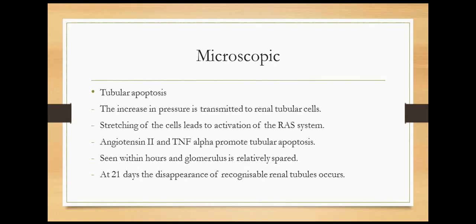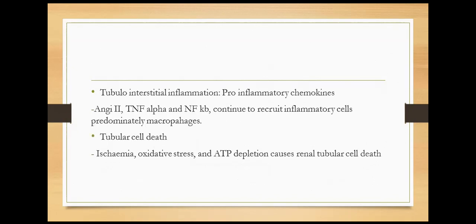In the 21 days, when we follow this through, we certainly recognize that disappearance of renal tubules occurs. So one then uses these days as markers of when to intervene and when not to, when one can still recover function in the kidney. Then it progresses to tubulointerstitial inflammation, with your pro-inflammatory chemokines again being TNF, which continue to recruit inflammatory cells, predominantly the macrophage, and the macrophages secrete more chemokines.